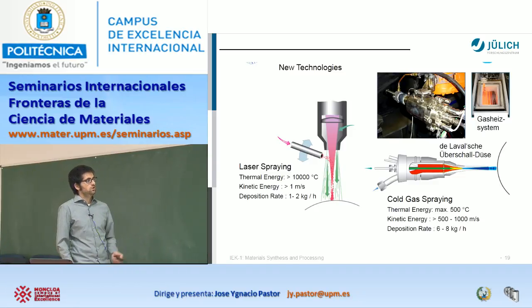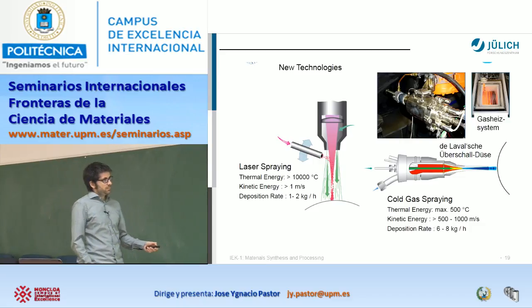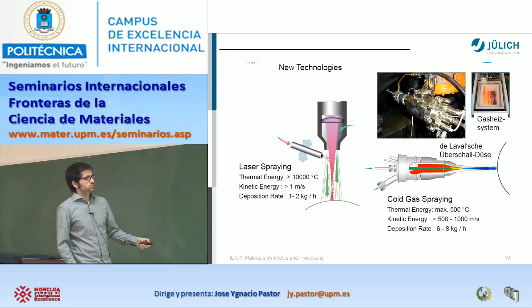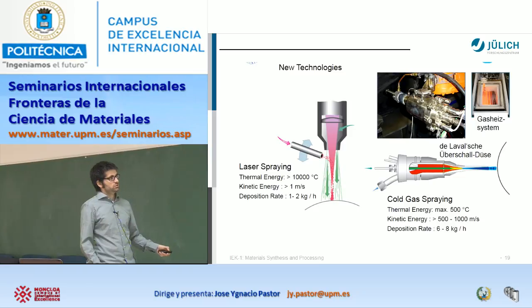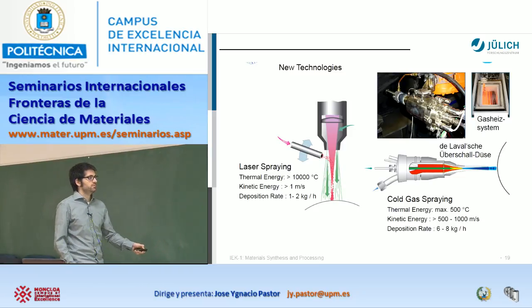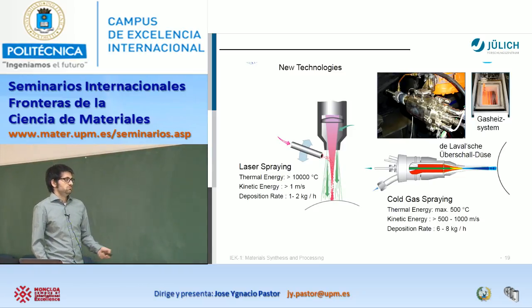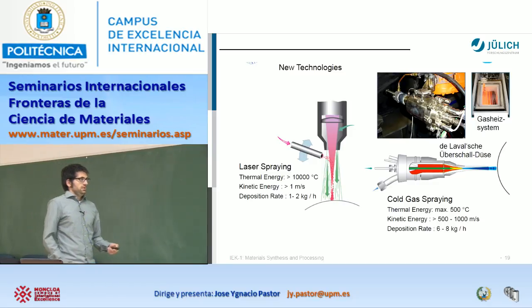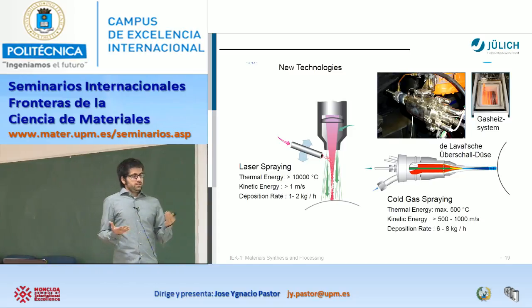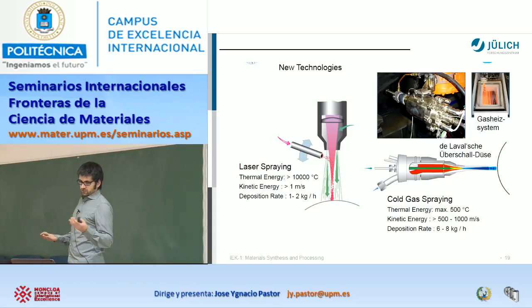The other possibility is called cold gas spraying. Here, as always, we introduce the powder. In the previous case it was from outside, but here it is an inner way. We introduce it, and the thing here is that the maximum temperature is just 500. The idea is that you can have either high velocity or high temperature.